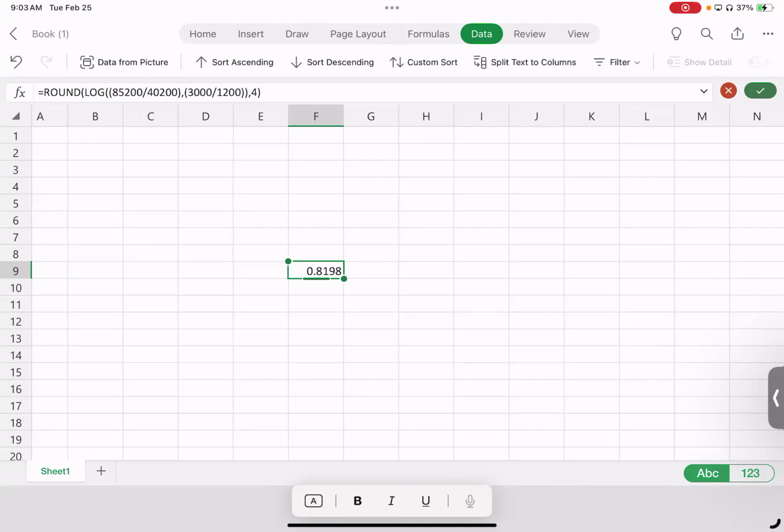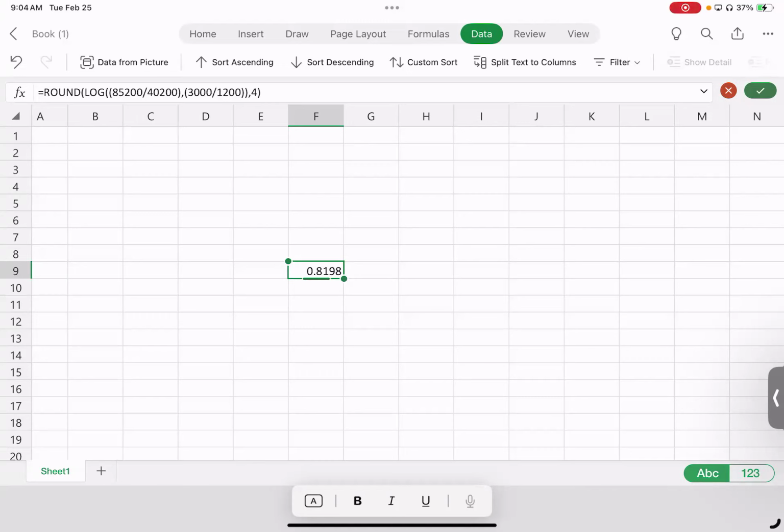Okay, I got you. You should have parentheses for this one as well. Go back, and then put the parentheses, and do the divided by. And then parentheses. 3,000 divided by 1,200 with parentheses. Yes. And equal.